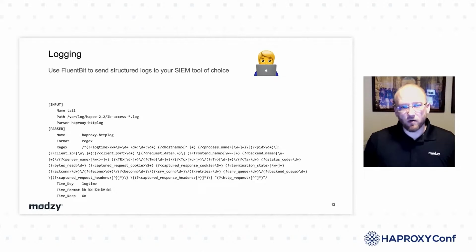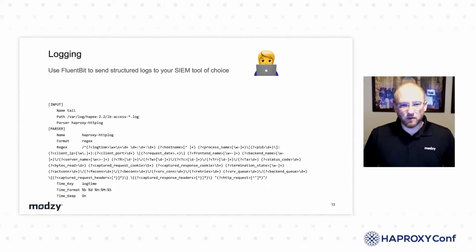So here's an example of how you can configure FluentBit to watch the HAProxy access logs and automatically convert those log files with their common HTTP log format into a structured JSON object that gets sent to your SIM tool. So this allows us to parse out all the information.